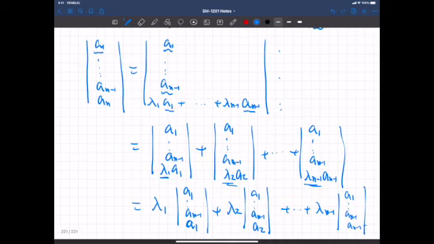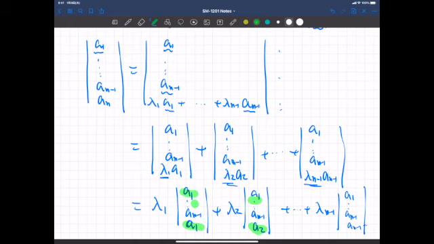But look at every term here. We have the same rows A1 and A1, and here there is A2, and there is A2 in the last row. So every term contains two same rows.